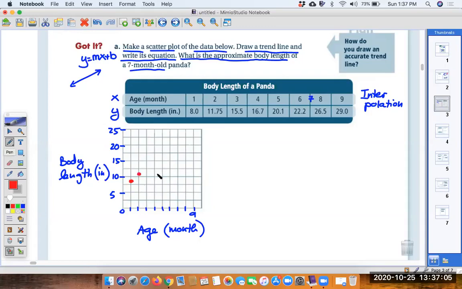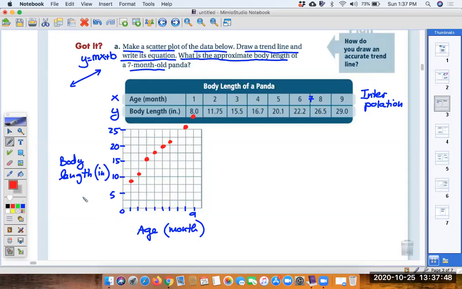I'm not going to be too picky. 3, 15, close to 15. 4, 16. 5, 1, 2, 3, 4, 5, 20, about right here. 6, 22. 7 is missing. 8, 26.5, up here, and 9, 29, up here. Yeah. So that's my scatter plot.